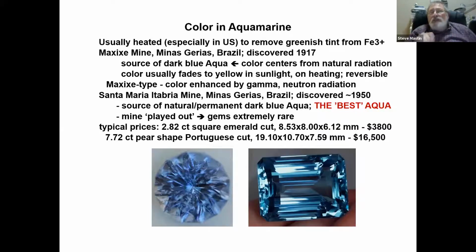So the cutter decided to maximize the size of the stone, because even though it's a huge stone, it's a pretty shallow stone. It's almost as shallow as the 3 carat one. But it's worth $16,500. So $2,000 a carat. And if you get a bigger Santa Maria, the prices are astronomical.